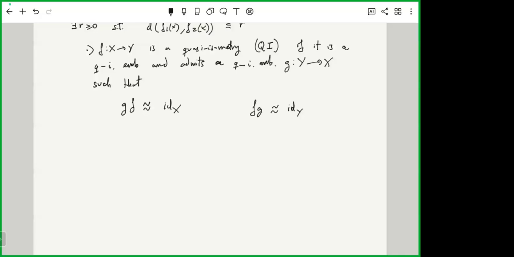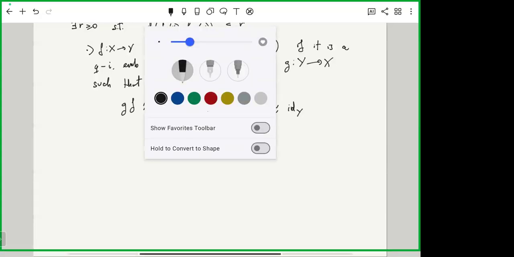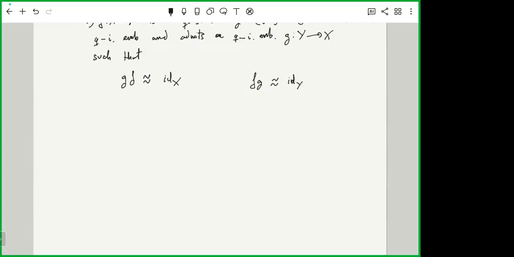Okay, so this should remind you of homotopy theory. If you're familiar with these notions of homotopy, if I have a continuous map F in Top, when you want a homotopy inverse, you ask for some G from Y to X, also continuous, such that the compositions are homotopic to the identities.